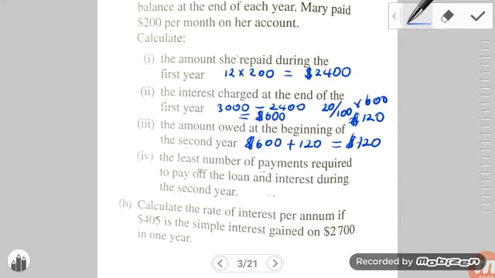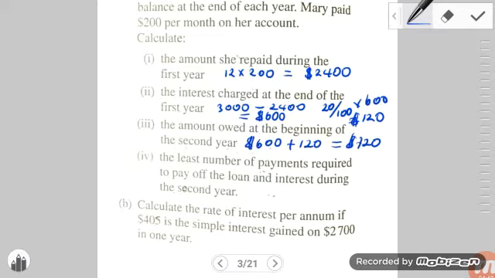And the least number of payments required to pay off the loan and the interest during the second year. Okay, so the least number of payments required. We want to know what's the maximum amount of payments that she's going to need to pay off the entire loan and the interest during the second year.